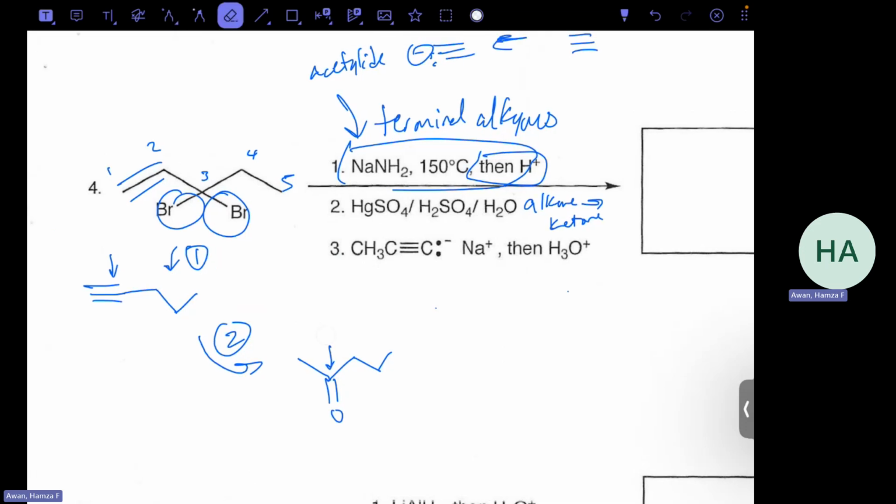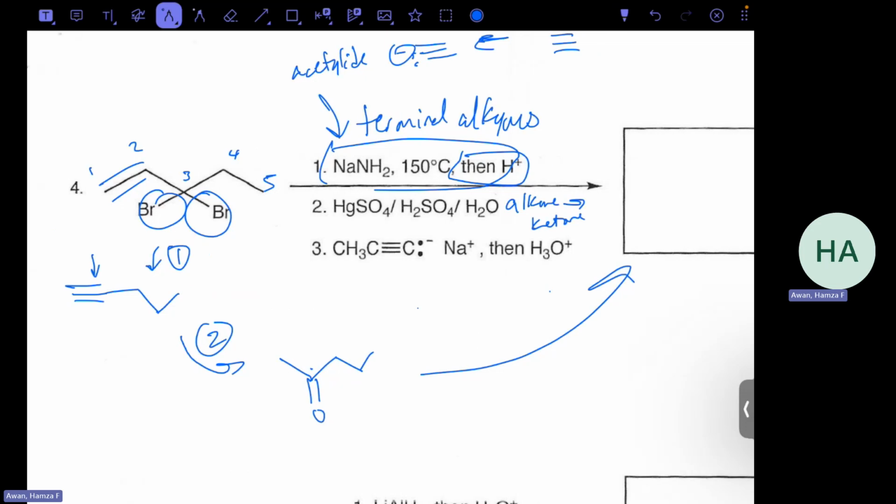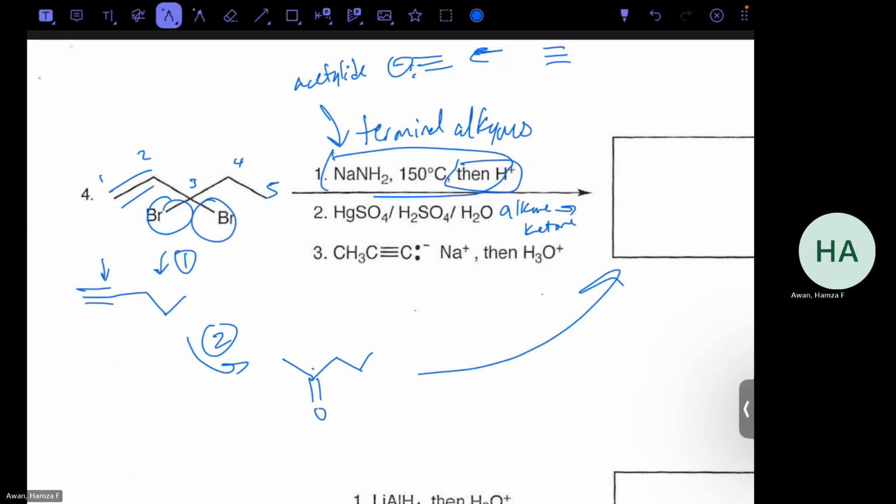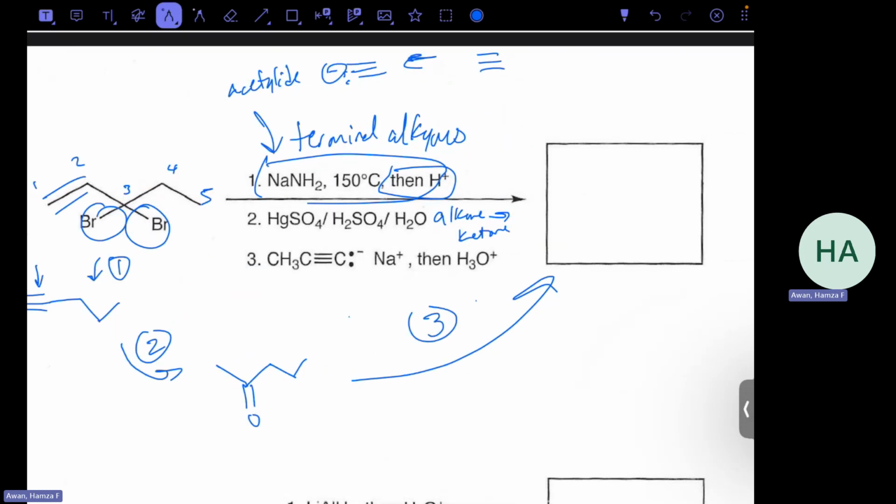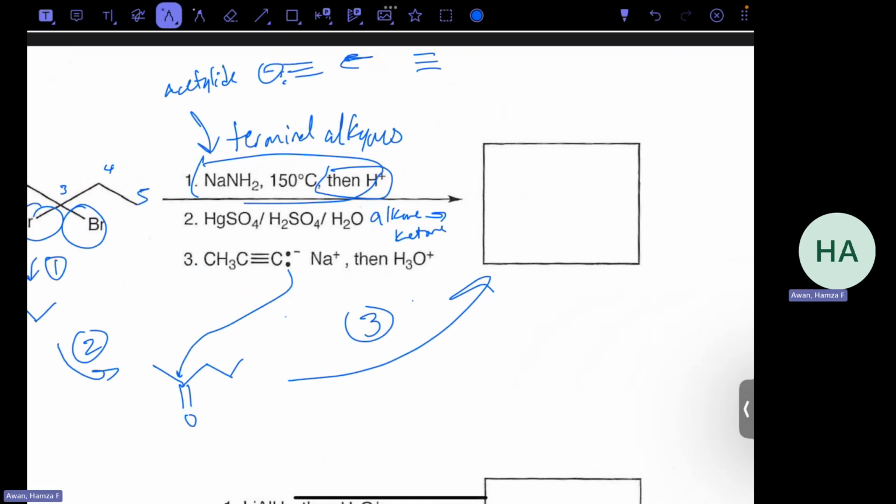And this double bond O, this ketone, creates that perfect environment for a Grignard reagent to attack, right? So this is just the same thing as the Grignard reagent. I forgot what it's called. I know it's acetylide, but I don't know what kind of reaction it's called. Not a Grignard reaction.